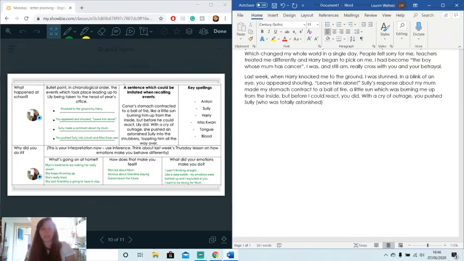I've gone, you pushed Sully, who was totally astonished, into the... Now, I know the authors use the word shrubbery, but I know when this has come up this year in the class and when words like foliage have come up, it's not words that we know or words that we use. So into a nearby bush. Into a bush. Just into a bush. Toppling him all the way over. I'm just going to leave it there, I think. With a cry of outrage, you push Sully into a bush.